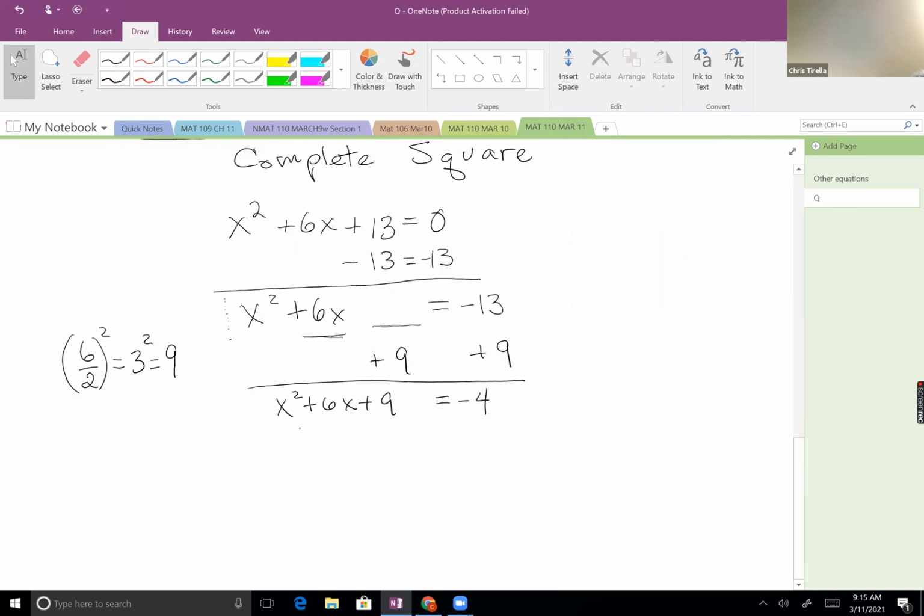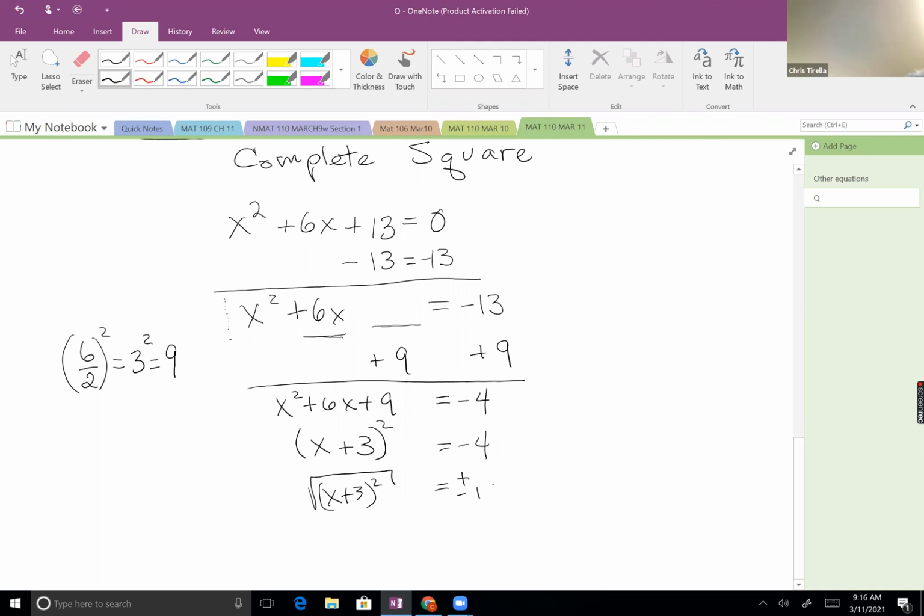We did that so that that trinomial would be a binomial squared. That would be x plus 3 squared equals -4. So now we can use that square root property that we looked at in the preceding example.